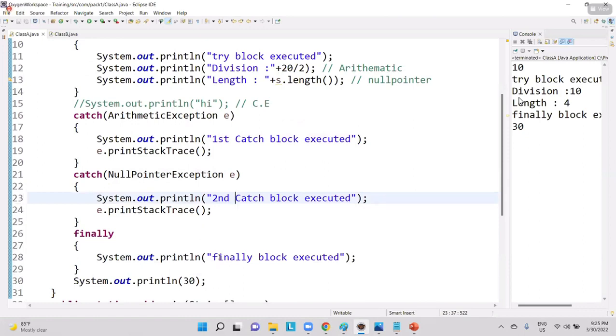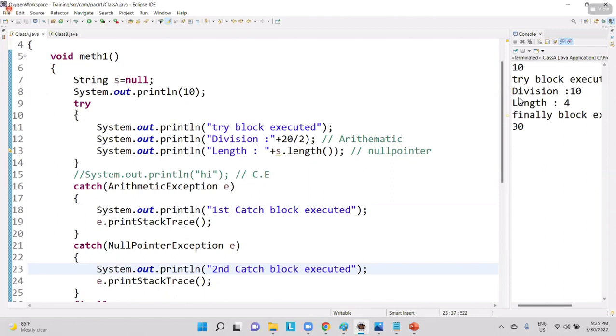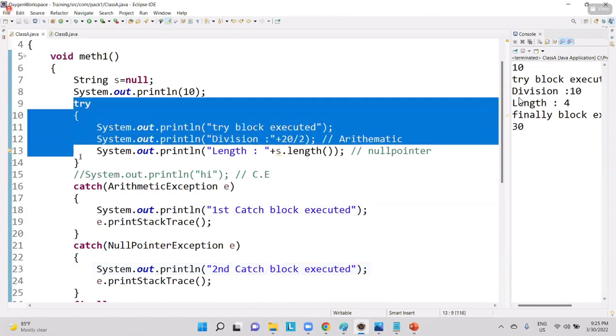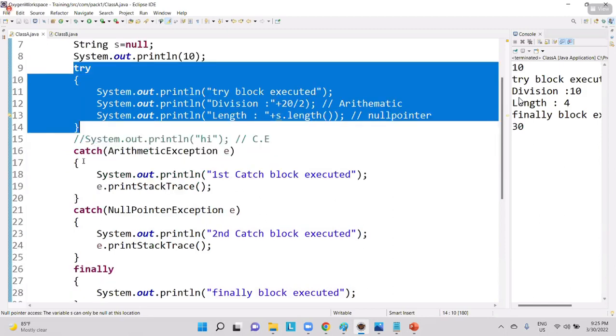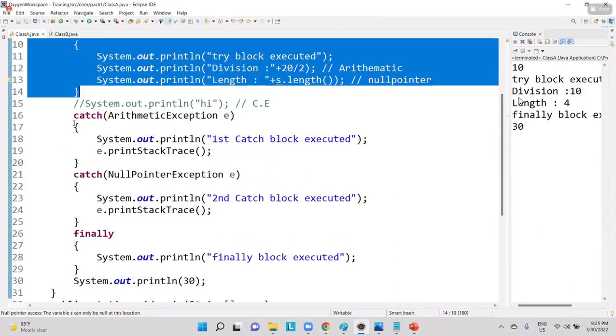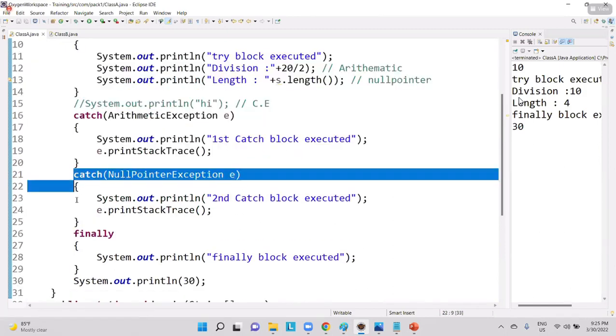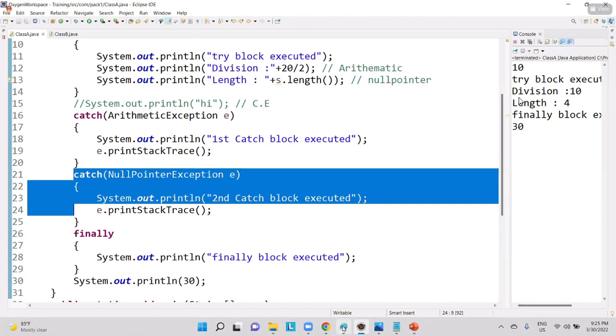Okay. Now, for a single try block, how many catch blocks have I written? 2 catch blocks. Can you please read this point?